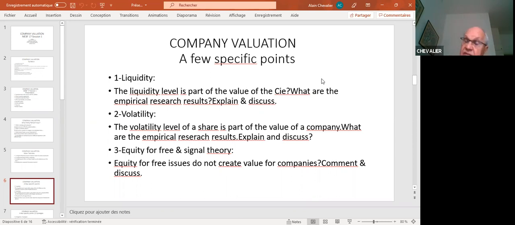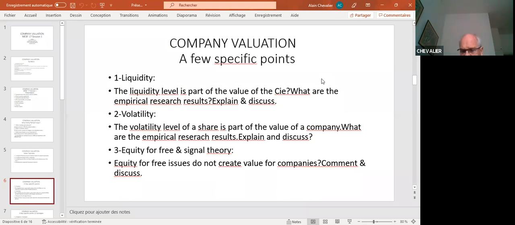But in fact, when you look again at the results of financial research, you understand that in most cases, equity for free issues bring an increase in the price. It's not a very important increase. It can be 2, 3, 4%, 5 sometimes.